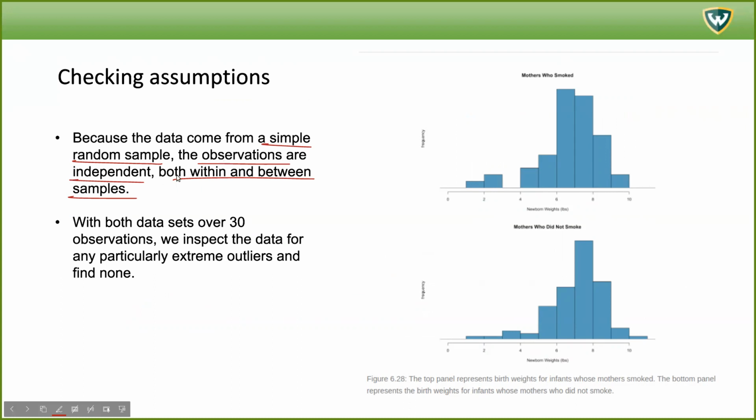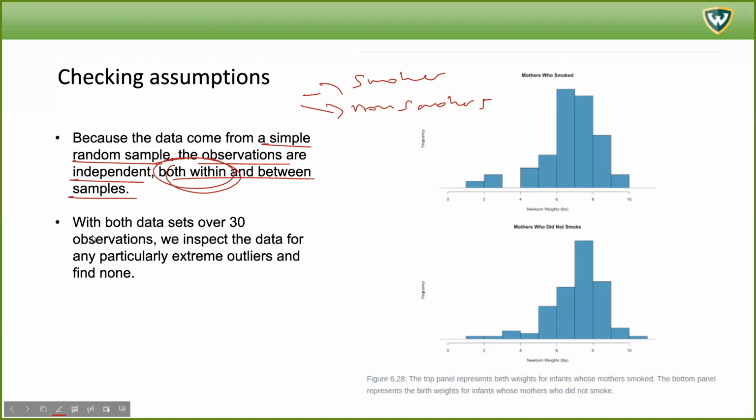And because it is a simple random sample, every individual person was randomly selected in the data set, so the observations are independent within the whole sample. Then if we separate the mothers who smoke and mothers who don't smoke, we can assume that it is also randomly sampled and independent between these two.